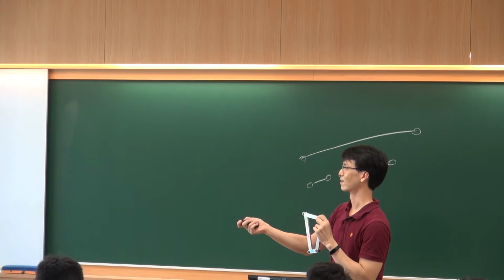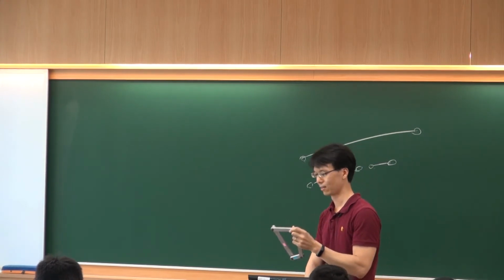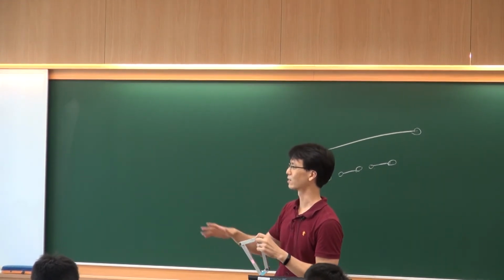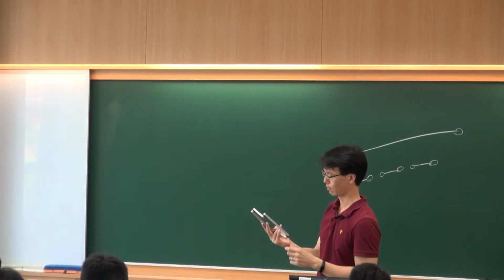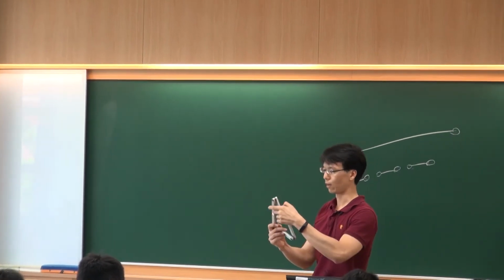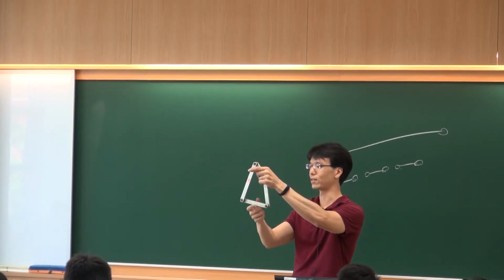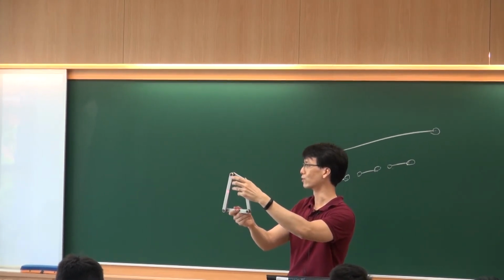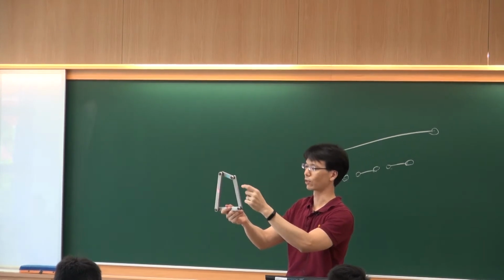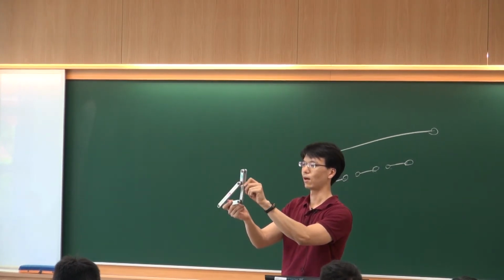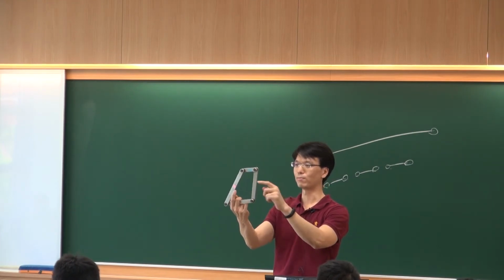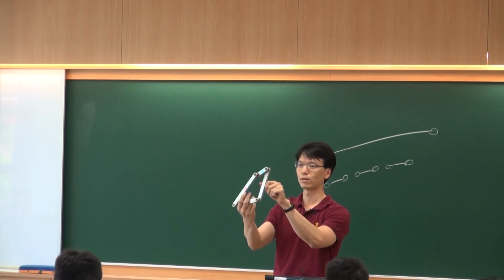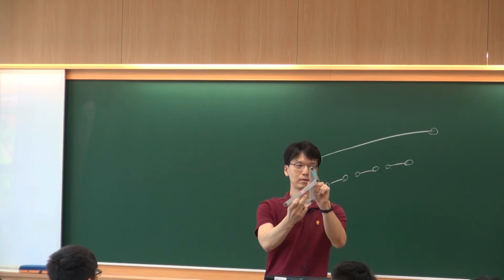And there's another case called otherwise. Any other case, you will become a double rocker. Let me try. If I fix this P or Q, and I use this P or Q as a driver, I cannot do any full rotational motion. Both the input and output are just swinging within certain angles.